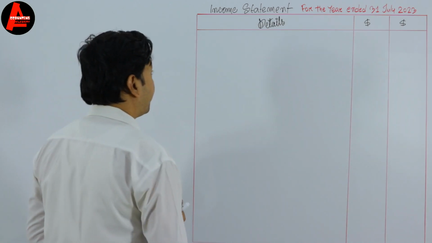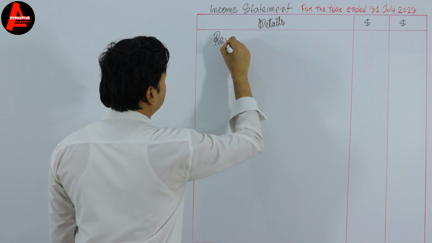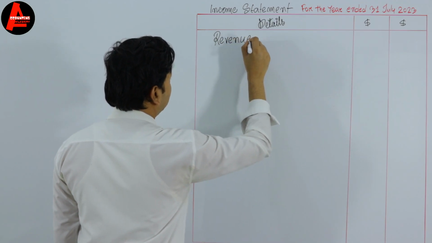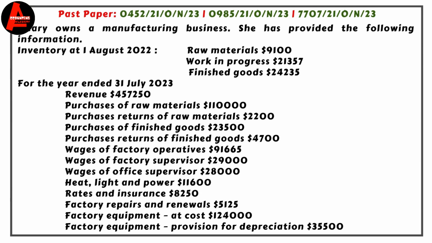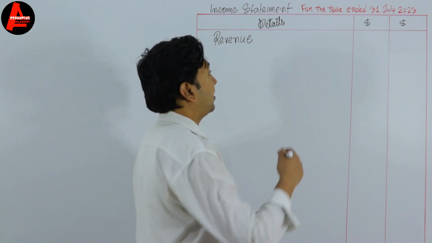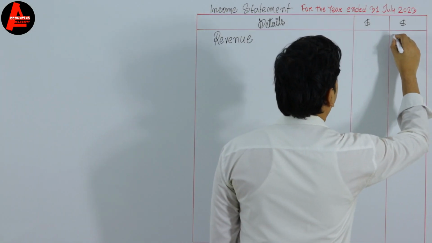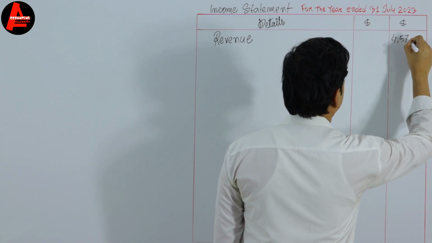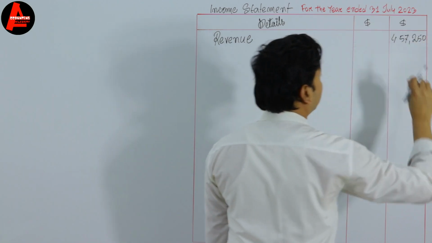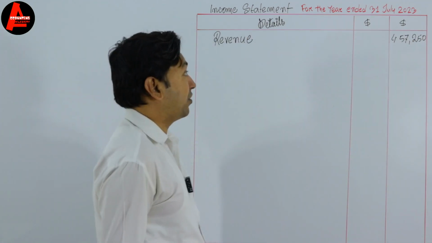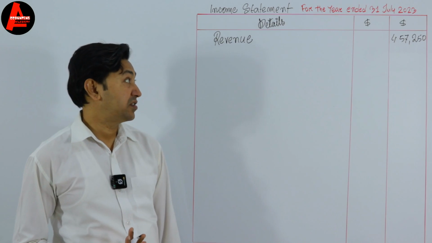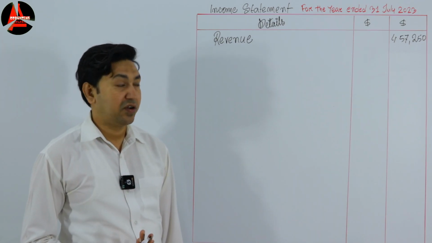We have sales revenue in the question. Let us write here revenue. Here we see, for the year ended 31st July 2023, revenue is $457,250. Let us write this revenue first of all here in the outer column. From this revenue, if we have sales returns, we subtract them.